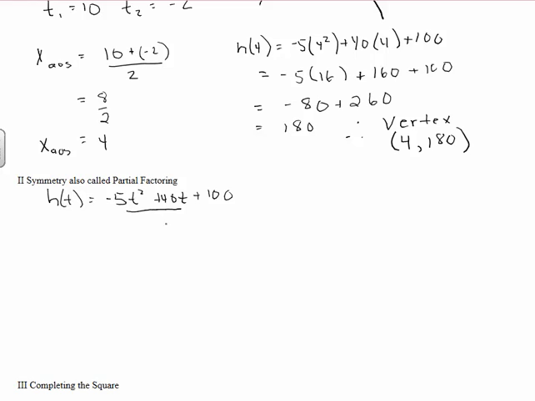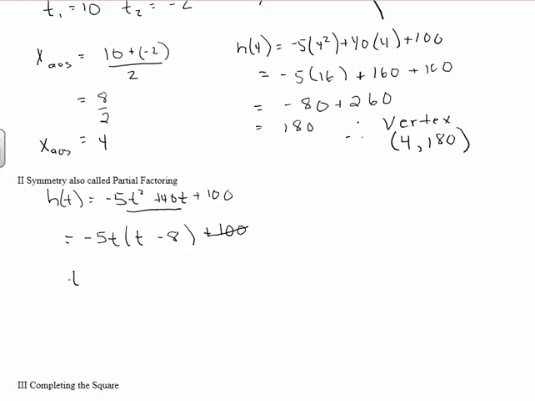If I don't need the zeros at all, if I don't need to find the x-intercepts, I can partial factor this equation, which means I can common factor the first 2 terms. This leaves me with negative 5t times t minus 8, plus 100. I don't even need to look at that.